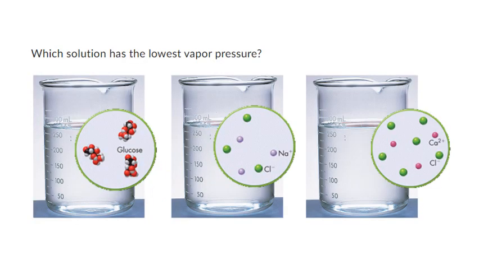Which solution has the lowest vapor pressure? So the vapor pressure will be very high when the number of particles in the solution is less. The solutes should be non-volatile, meaning they are not going to evaporate easily. So that is what is called non-volatile. It is not going to evaporate.